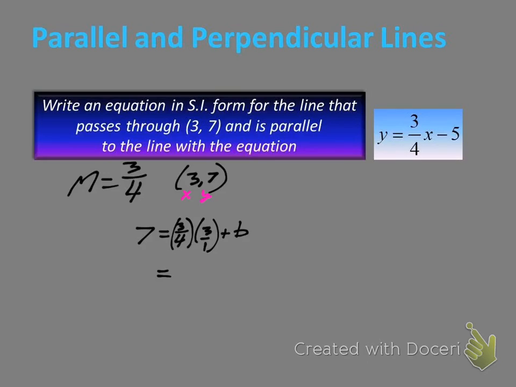How many fourths are there in 2? 8. Add 1. 9. 9/4. Or just multiply 3 times 3 right here. See that? 3 times 3 is 9. So you get 9/4 plus b.